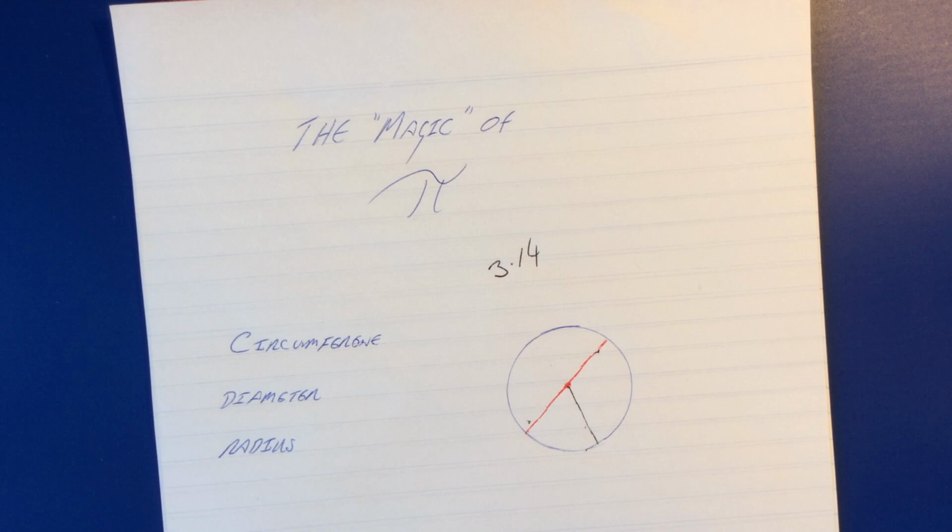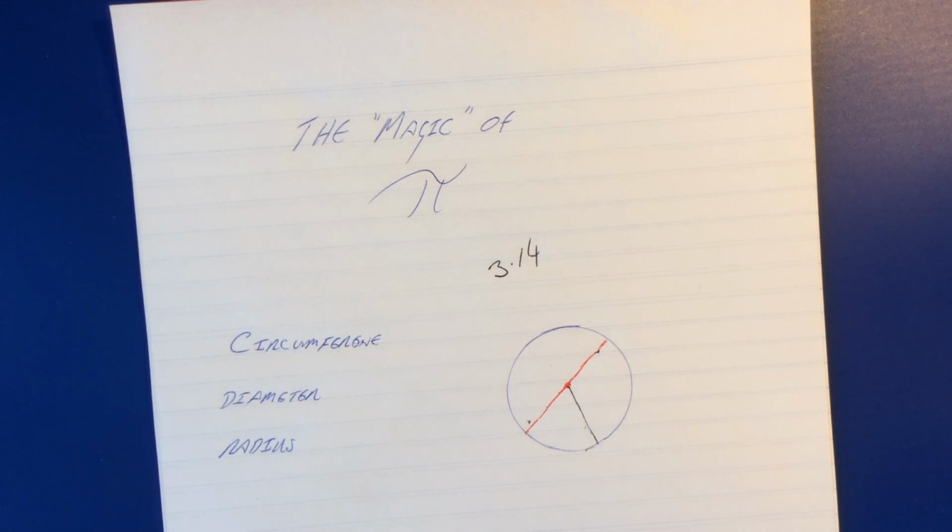Just for the sake of a bit of time saving, we normally abbreviate it to 3.14. You'll see in maths textbooks at high school use 3.14 for pi. When I was at school, we first of all weren't allowed to use calculators. Had we been allowed, they didn't have a pi button on them.